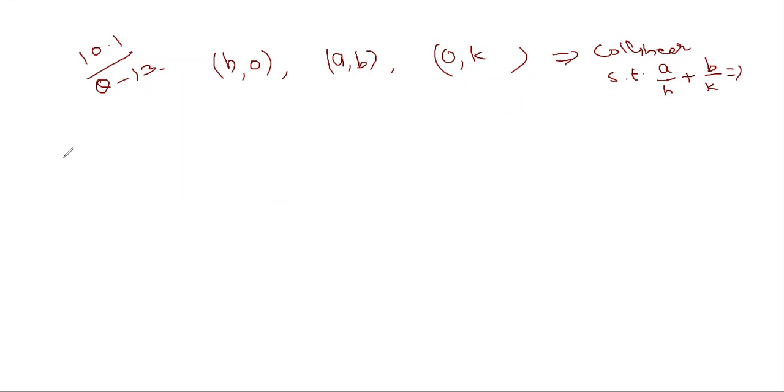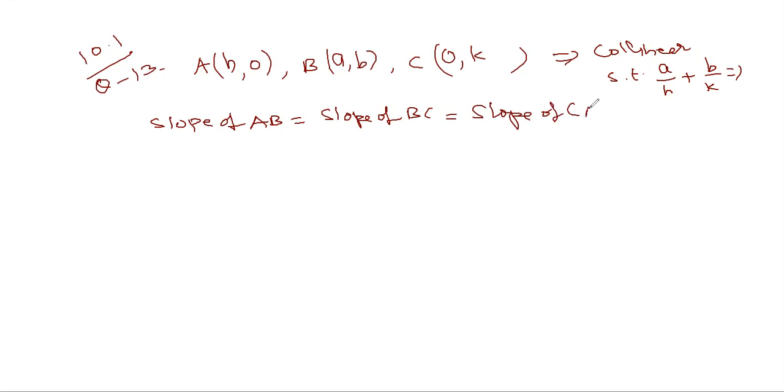So collinearity, I told you that we can equate the slope of AB is equal to BC is equal to CA. So suppose this is A, this is our B point, this is C point. So we can say that slope of AB will be equal to the slope of BC is equal to slope of CA.